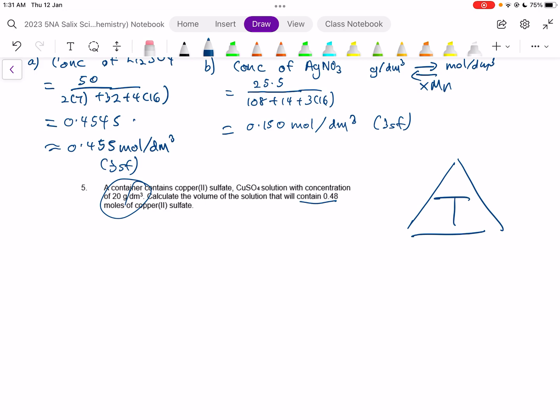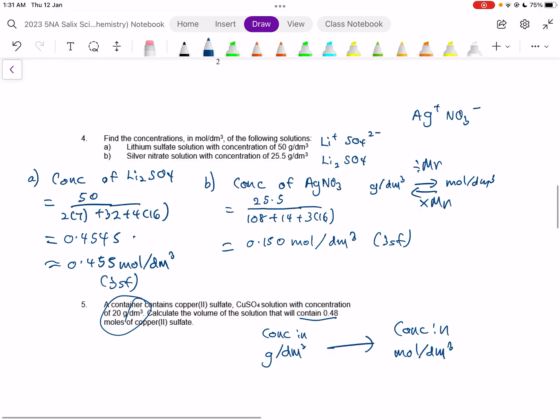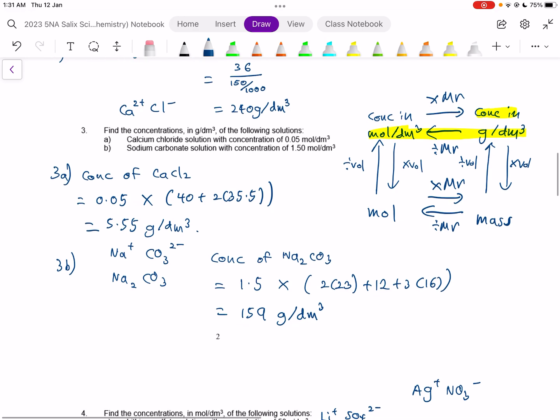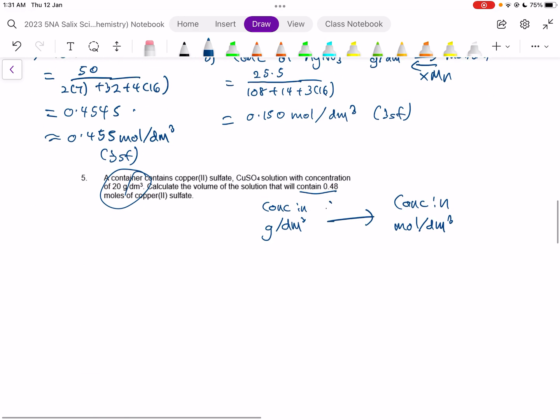There are two ways to do this. One is you can convert to the concentration in mole per dm cube, just like what I mentioned earlier, by dividing by the Mr.